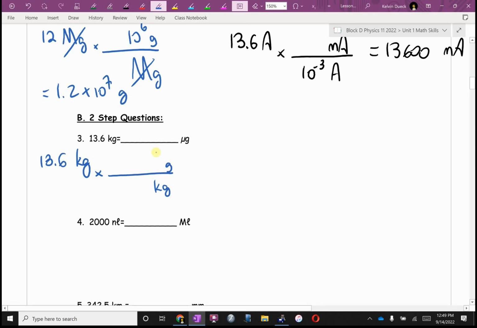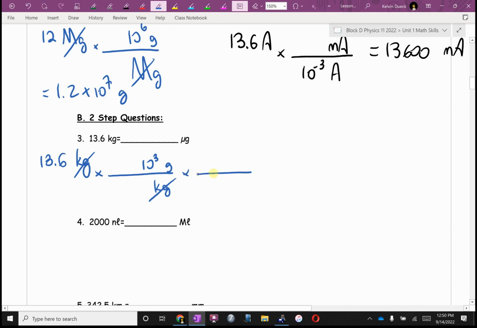Where the kilo isn't. If I stopped here, that would be grams. But Gibson, what do I want to end up with? What's that thing called? Micrograms.